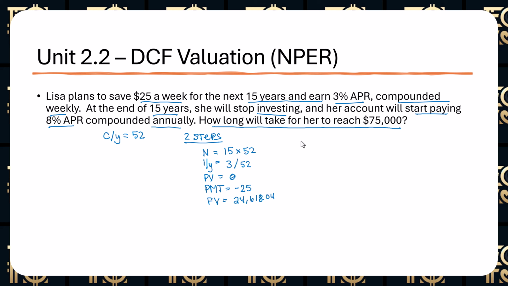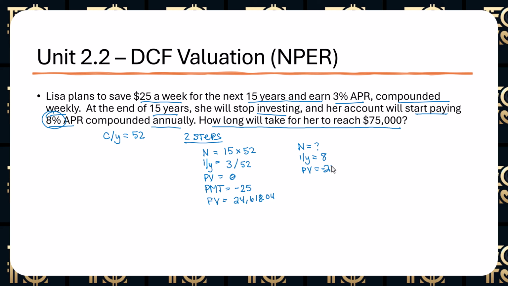Now what we want to do in the second step is solve for how much longer it will take for her account to get to $75,000. This is on an annual basis, which is really nice. Our I/Y now is going to be 8%. The present value is the value of the account 15 years from now.